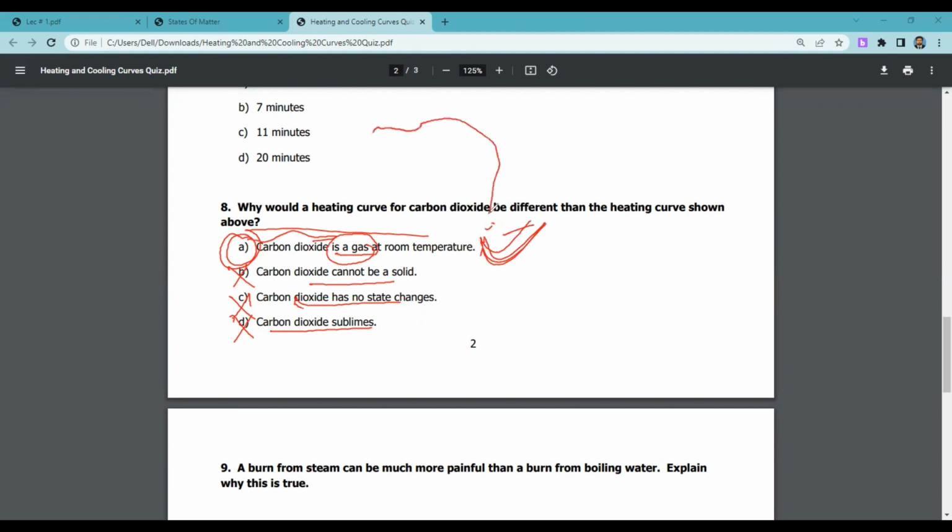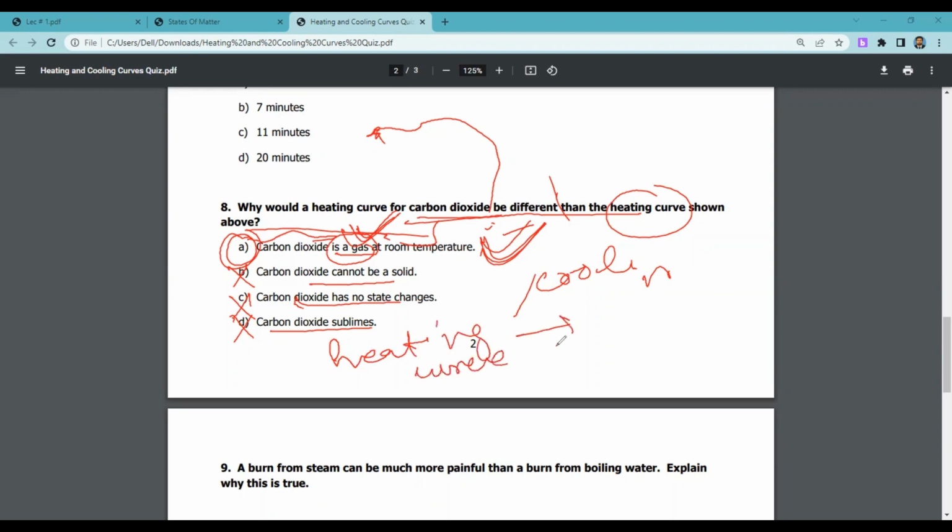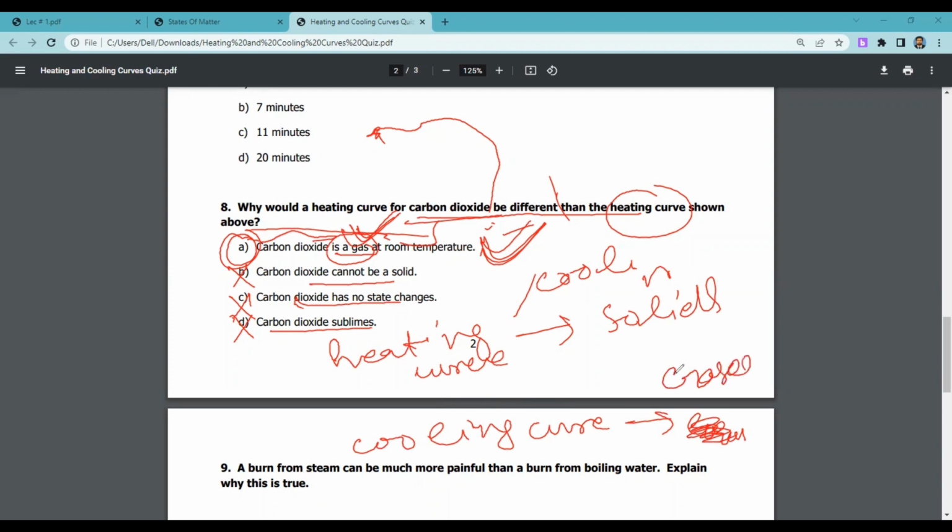Then what curve will be used for carbon dioxide? It will be a cooling curve. Sorry, heating curve is for solids, while cooling curve is for gases.